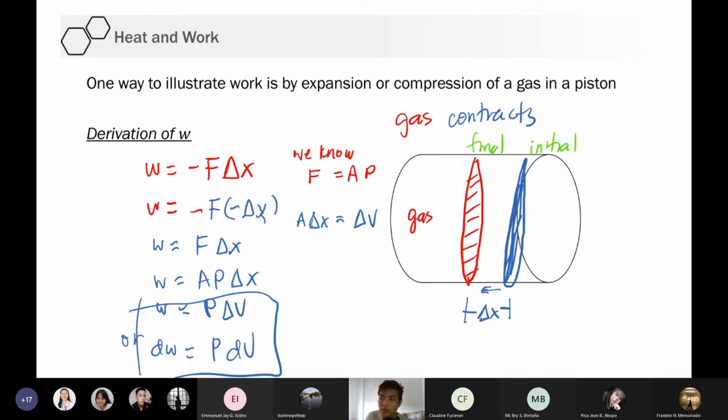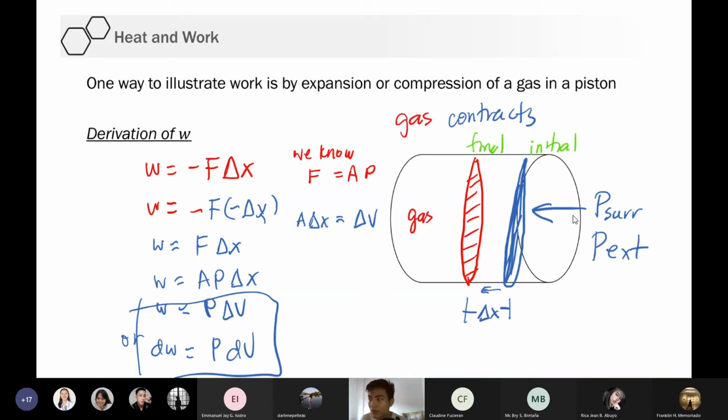Mapansin nyo, kapag gas contraction, the work is positive. Pag gas expansion, the work is negative. Ano ba nangyayari when the gas contracts? Tinutulak kasi siya ng surroundings. The pressure of the surroundings or the external pressure pushes this. Kaya nagko-contract yung gas natin.